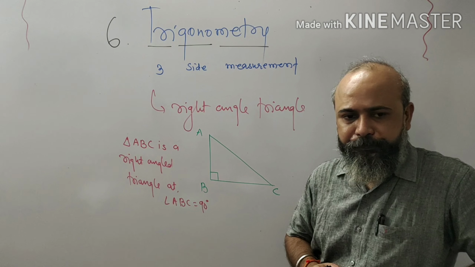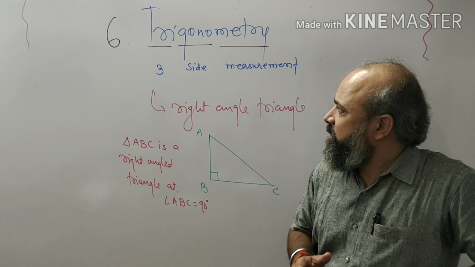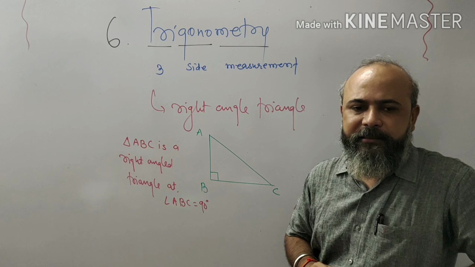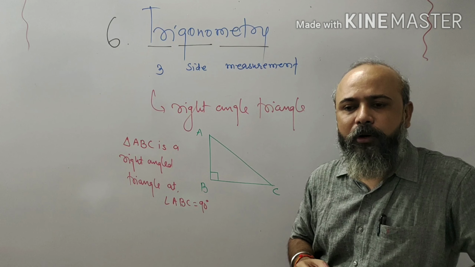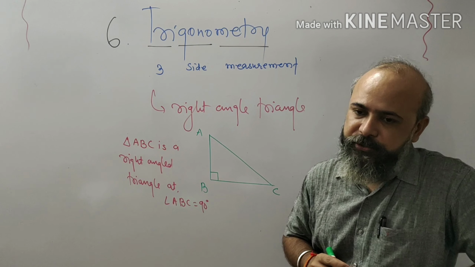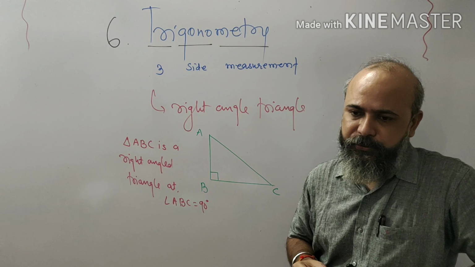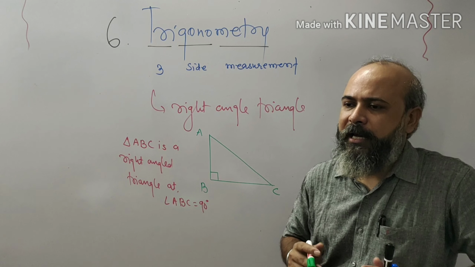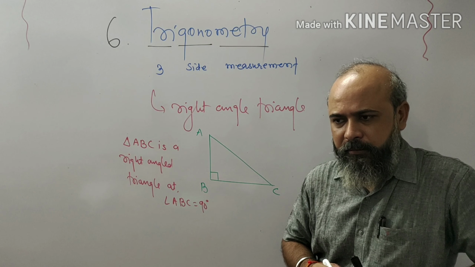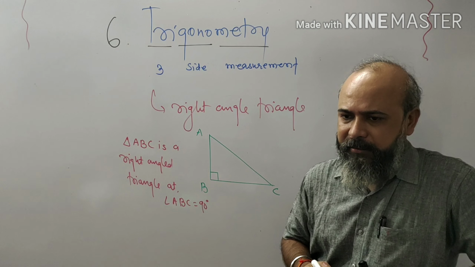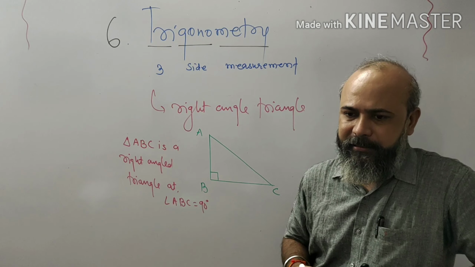In the previous class, standard 9, you have studied trigonometric ratios: sine, cos and tan. The remaining part we will study in class 10th.